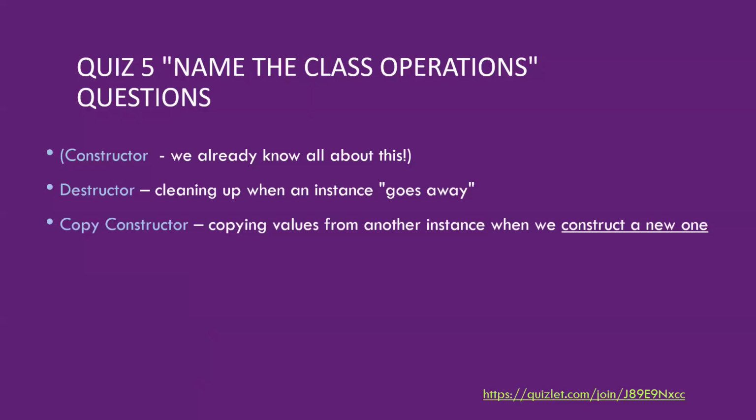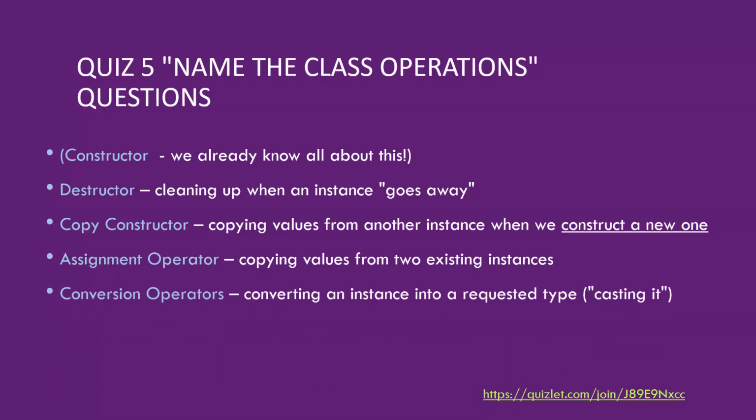We can write a special kind of constructor that copies another instance of the same class, and we called that a copy constructor last time. And we said, wherever you have to write a copy constructor, most of the code is going to be the same when we are copying from one existing thing to another existing thing. We call that the assignment operator, or the overload for the assignment operator.